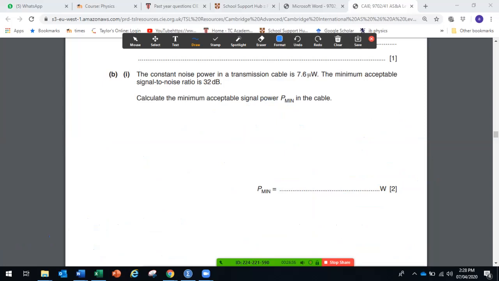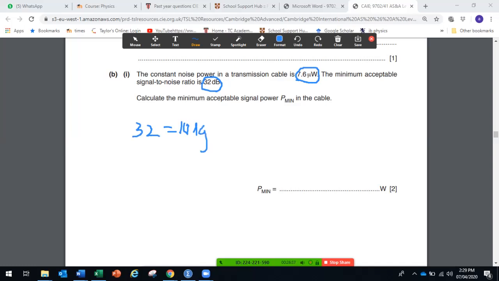So this question: the constant noise power in transmission. This is your noise, right? The minimum acceptable signal to noise ratio is 32. That means 32 equals 10 log.